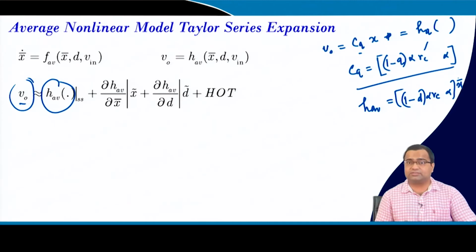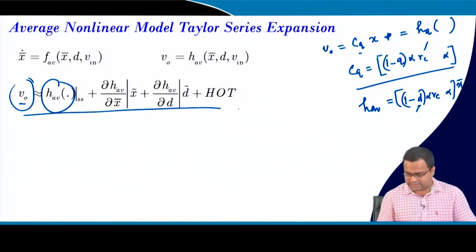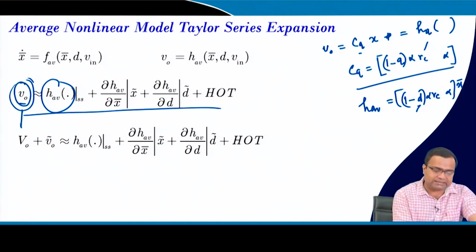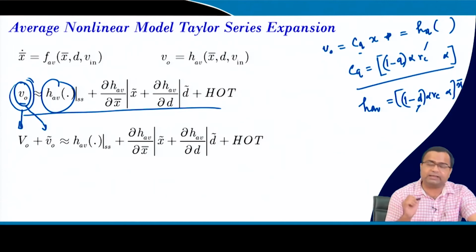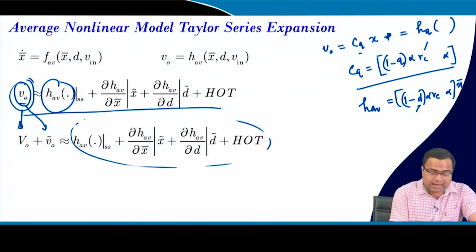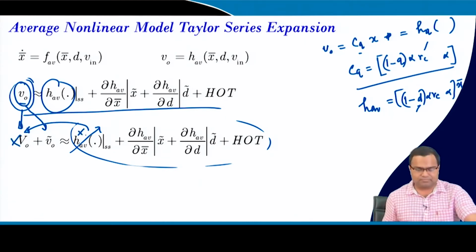So, now there is no discontinuity because this is a continuous variable. Again we can write the Taylor series, and again the output voltage can be replaced by the steady state quantity and the perturbation part. Again you can expand in terms of the Taylor series, and now this steady state quantity is equal to this steady state quantity. So, you can cancel these two terms from both sides.